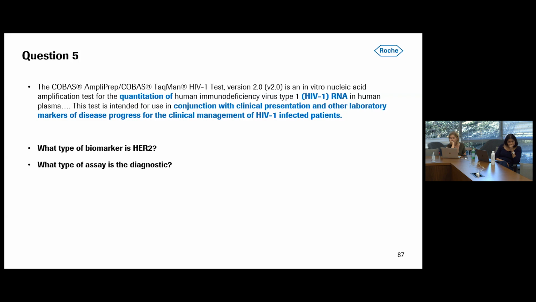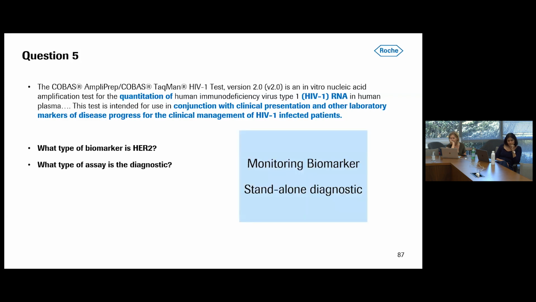The question should say what type of biomarker is the HIV test. That's a typo. About 65% have chosen monitoring biomarker and standalone diagnostic. This test is actually known as HIV Monitor, so I took that out because that would give away the answer.